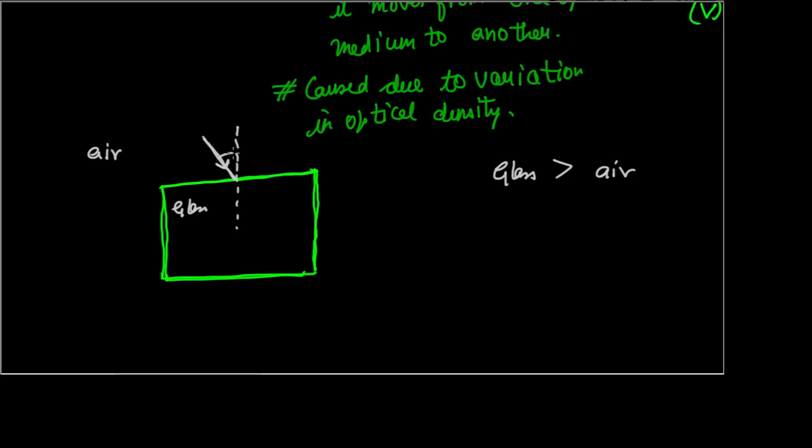So there is an angle of incidence. And what happens when light moves from a rarer medium, that is a less dense medium, to a denser medium? It moves towards the normal. So it is going to move toward the normal.